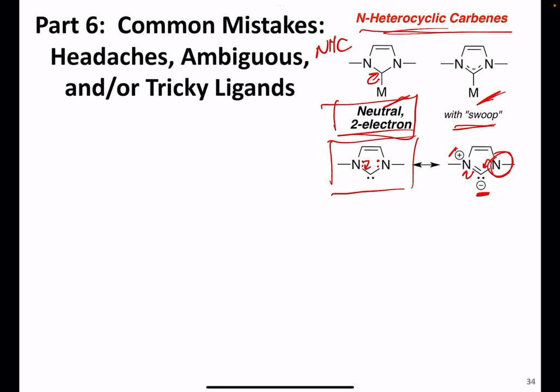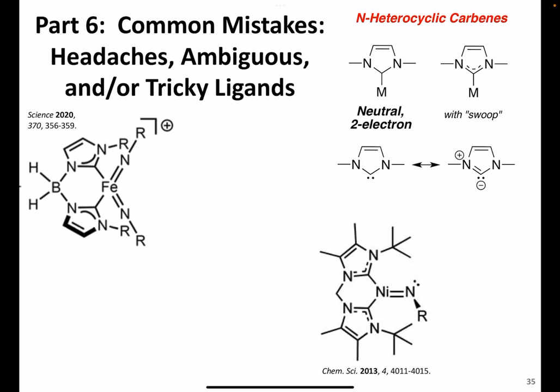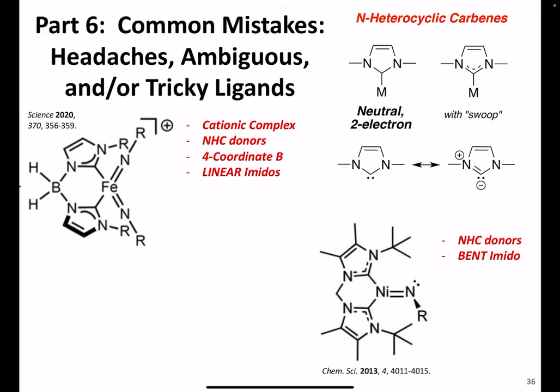All right, let's do some examples. And the 2 examples I have here, I really like because they kind of encompass a lot of what I've been talking about. This iron bisamido compound that was reported in Science a couple years ago, and this nickel compound shown down here. What I really like about these compounds is notice that the iron compound on the left is cationic, and so we're going to have to account for that when we're electron counting.